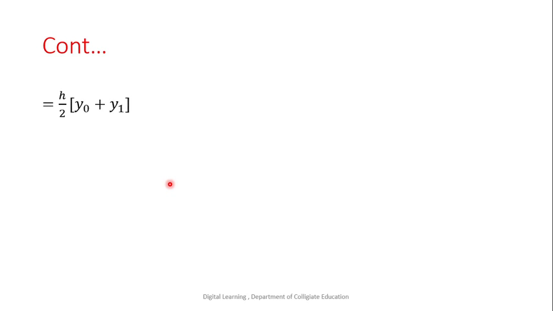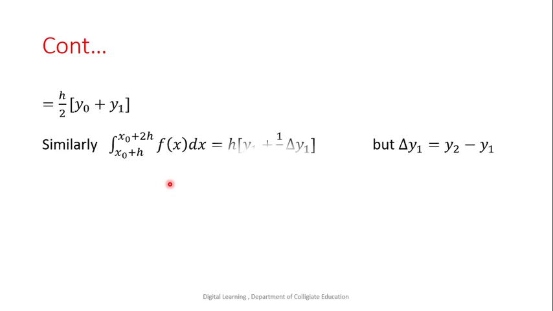Similarly, this can be written for the next integral, x0 plus h to x0 plus 2h, because here n is equal to 1, whereas in the previous one it varies from x0 to x0 plus h. Here it is x0 plus h to x0 plus 2h.